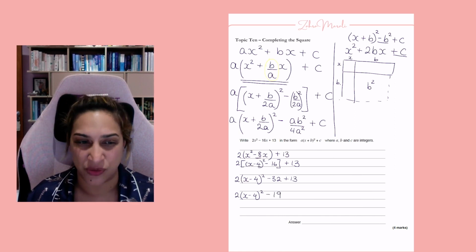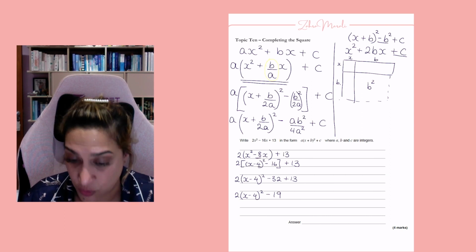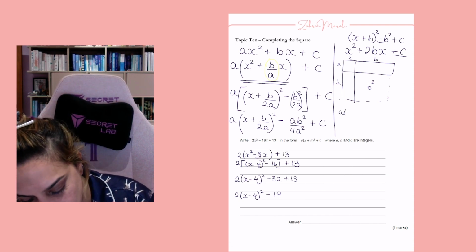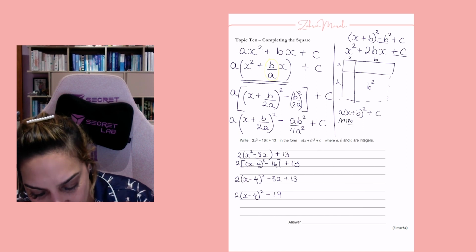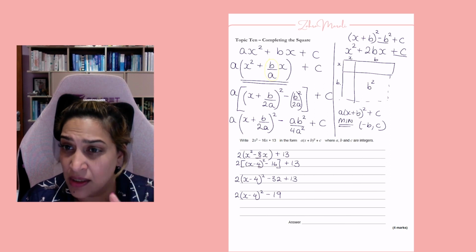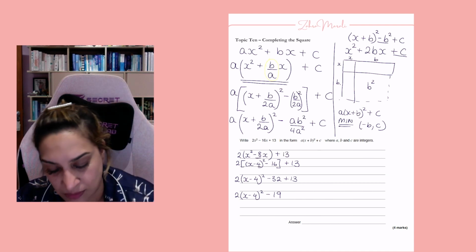And what does that tell you? When you have a positive quadratic, when you complete the square, you end up with something like this. And that tells you your minimum is at minus b, c. So you change the sign of the thing in the bracket, and that tells you the turning point at the bottom.